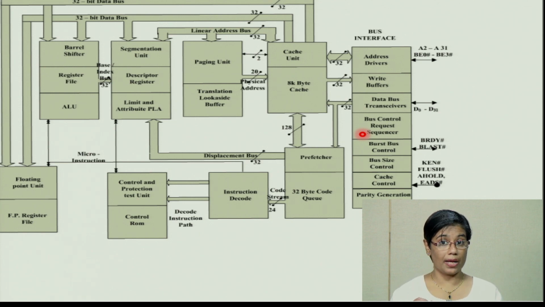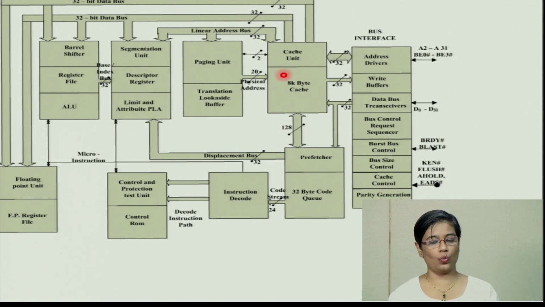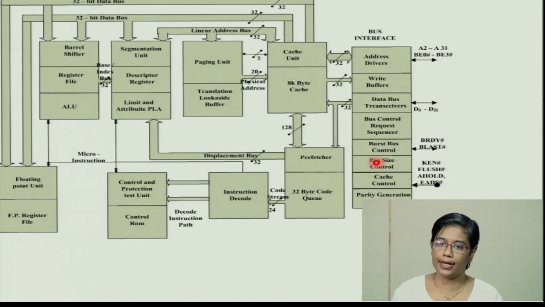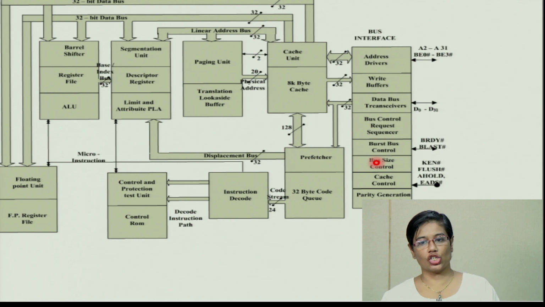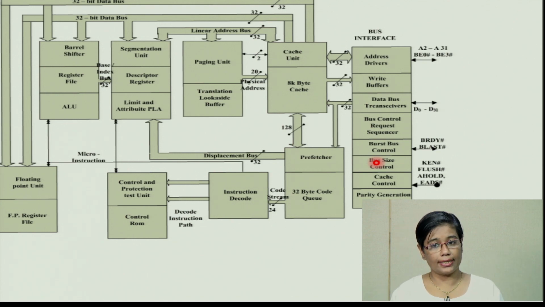So what is new in the bus interface unit is that it supports burst data transfer, and it also supports the internal cache which is present within 80486, and it also does parity generation and checking, something which was not there in 80386. In 80386 based general computing systems, this parity generator and checker circuitry had to be external, whereas in 80486 this parity generator and checker circuitry is internal.